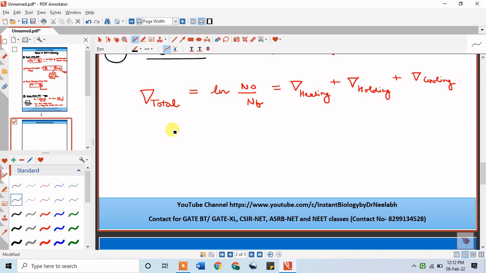देखिए क्या हो रहा है now, look at this. तो पहले हम लोग क्या करेंगे, we would be increasing the temperature, उसके बाद टेम्परेचर को हम होल्ड करेंगे थोड़ी देर, and then what we would be doing is we would be decreasing the temperature.